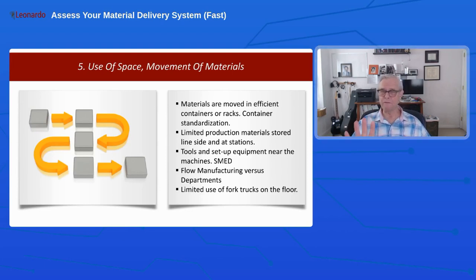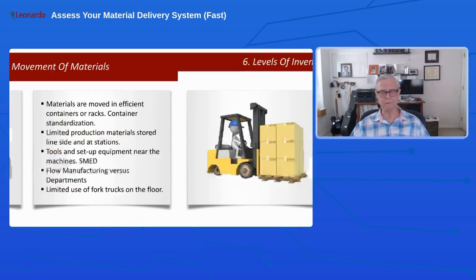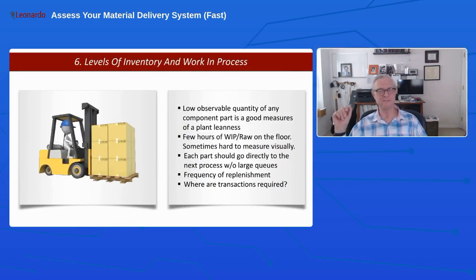They also don't have forward visibility, so there's some danger, and also they can move fast, maybe too fast. So there may be situations where you can't get around needing a fork truck. We're not saying that, but in general, we like to restrict the use of fork trucks on the factory floor. You might need them on the dock floor, you might need them in finished goods, you might need them other places, but on the factory floor, we like to restrict their use. Okay. So we have someone on your team focusing on those issues.